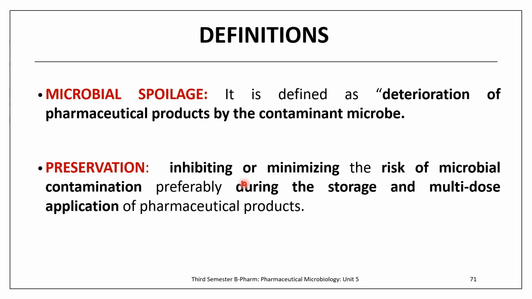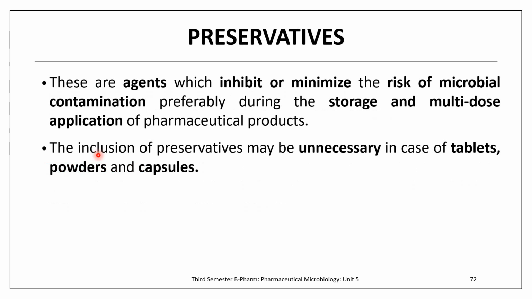So these kind of products, multi-dose containers, which are intended to be used multiple times once the seal is broken, have more chance of microbial contamination. So this kind of product has to be preserved by using some kind of preservatives. So that process of inhibition or minimizing the risk of microbial contamination is known as preservation.